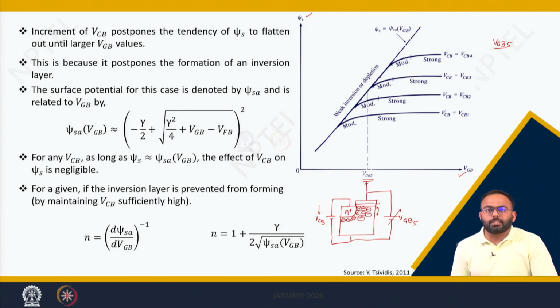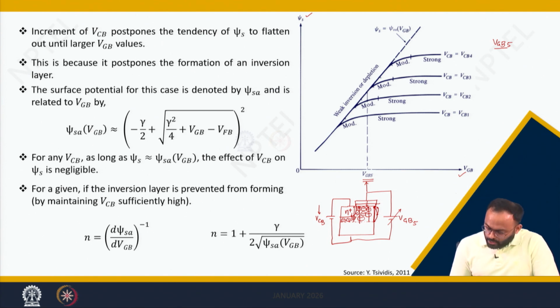There is a point at which the depletion region below the gate and below the N plus region almost become the same. At that moment, the potential of the surface, measured with respect to this point, at any of these locations, will be almost the same.